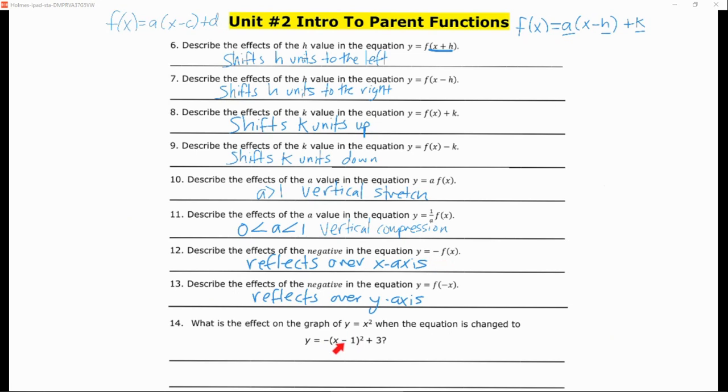The minus 1 inside the parentheses is this right here. So we're always going to move it 1 unit to the right. And the plus 3 is this rule. It's going to move it 3 units up. So this function is going to be flipped over the x-axis. It's going to move 1 to the right and 3 units up. And that's what we want to say as a description for this problem. So reflect it over the x-axis.